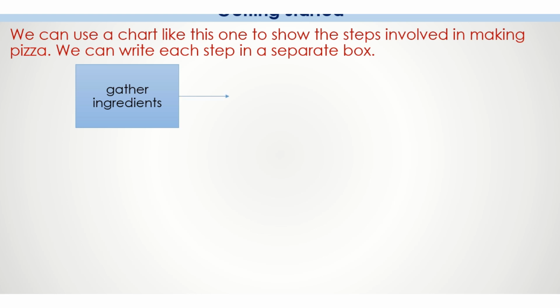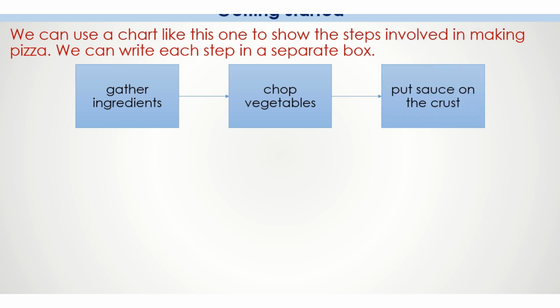Gather them. Then, or the next step, chop the vegetables. Cut the vegetables in small pieces. Next, put sauce on the crust. Crust means the piece of dough, the piece of unbaked bread.